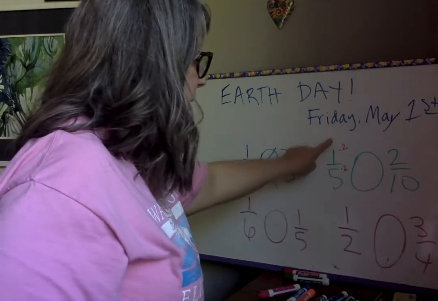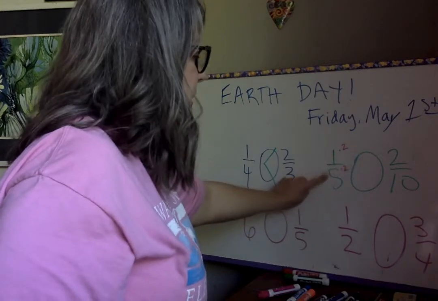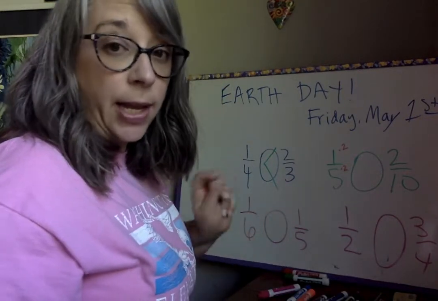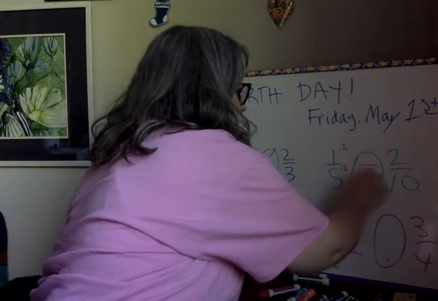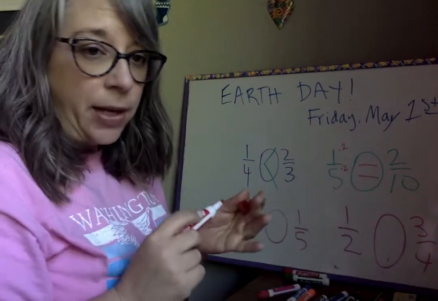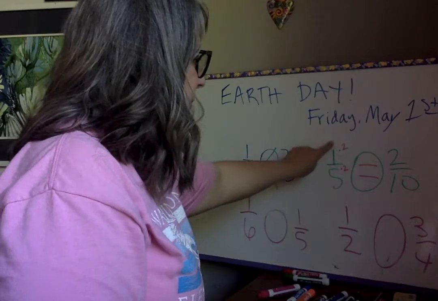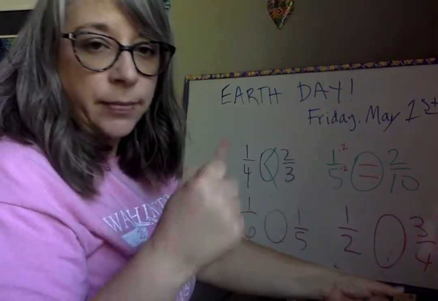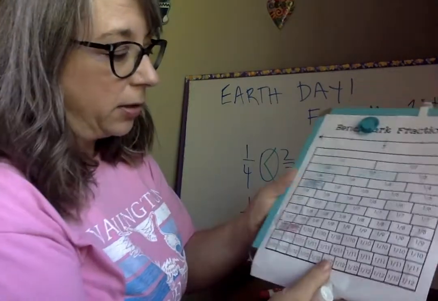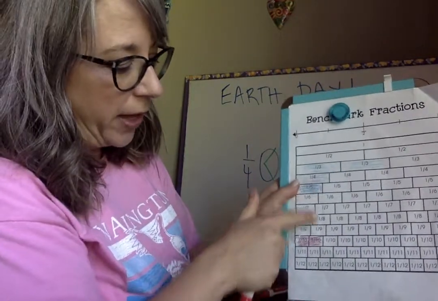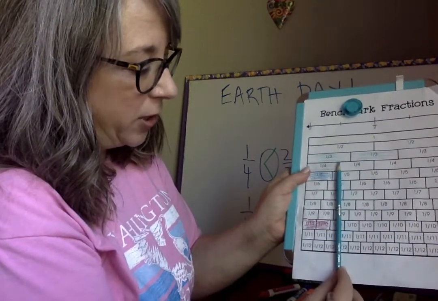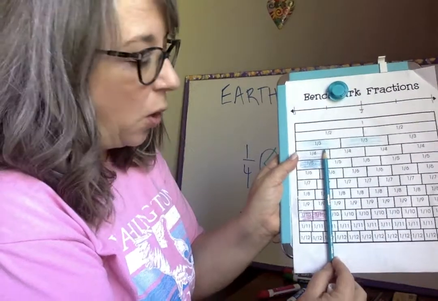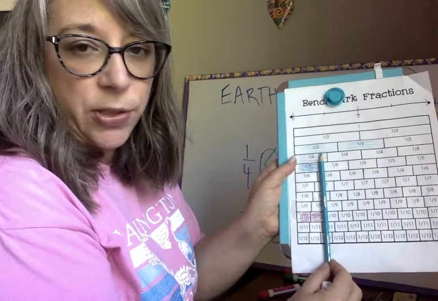Well, what's 1 times 2? 2. What's 2 times 5? 10. Are these equivalent? They are. They are equal to each other. Okay? So we did a quick check. We said 1 times 2 is 2, and 5 times 2 is 10. Those are equivalent. If I had a ruler, I'd show that a little bit better, but as you can see, these are equivalent. They are the same. 1/5 is equivalent to 2/10.